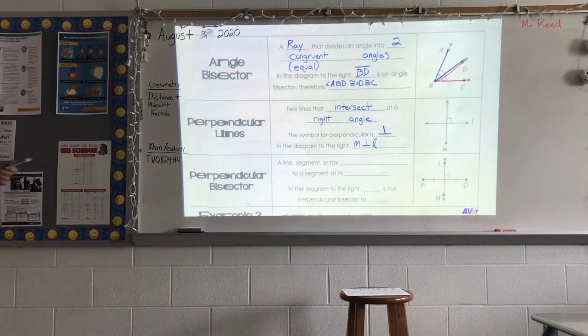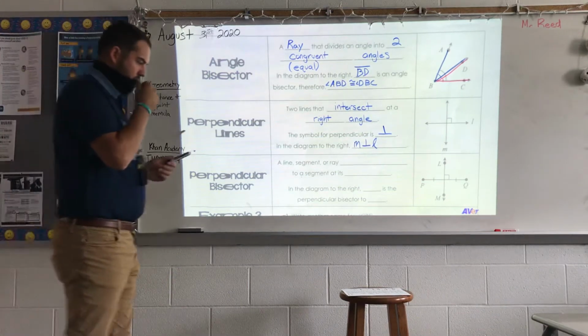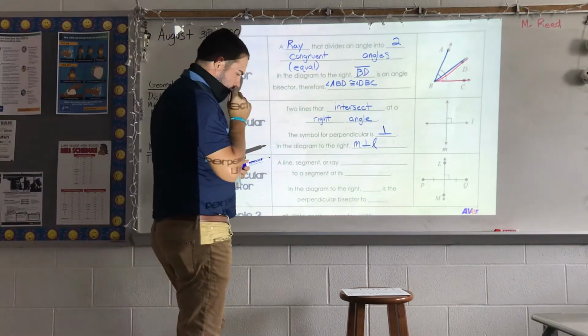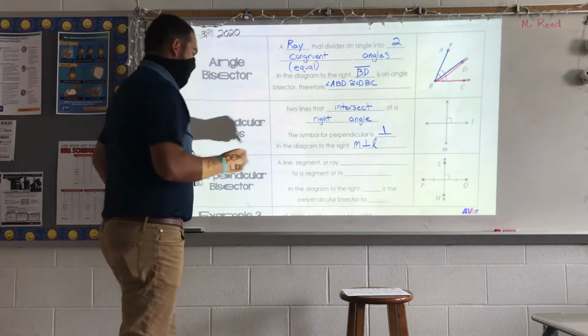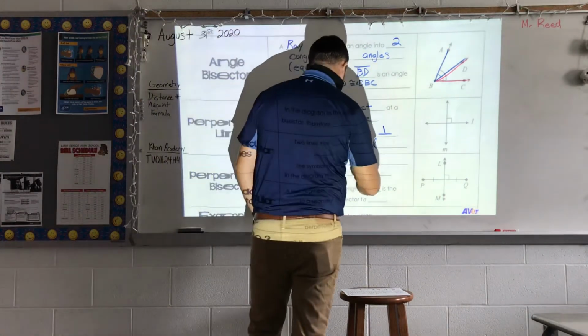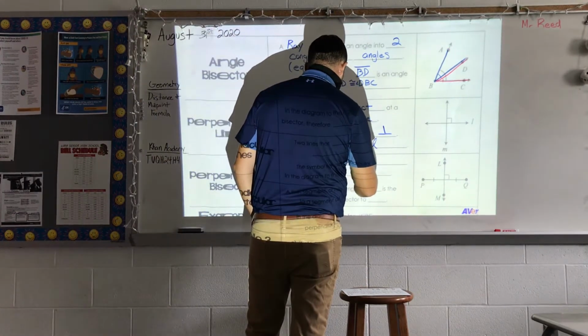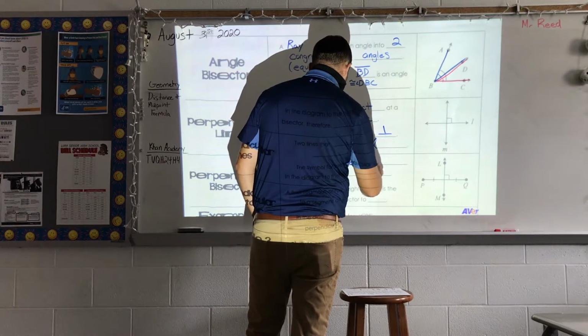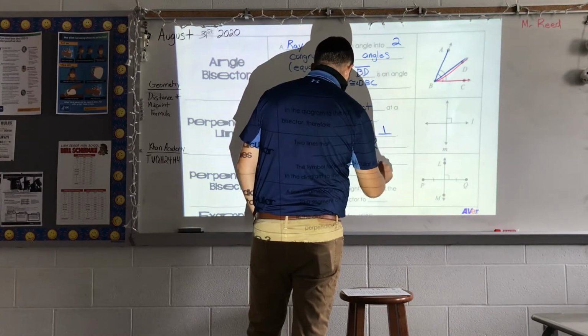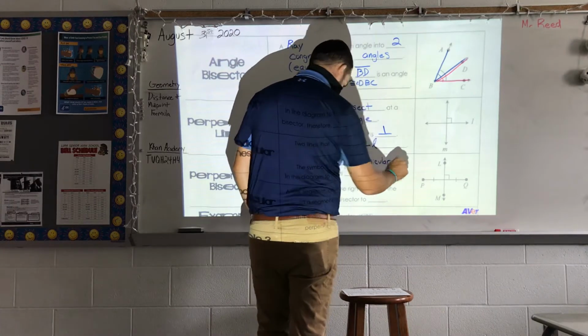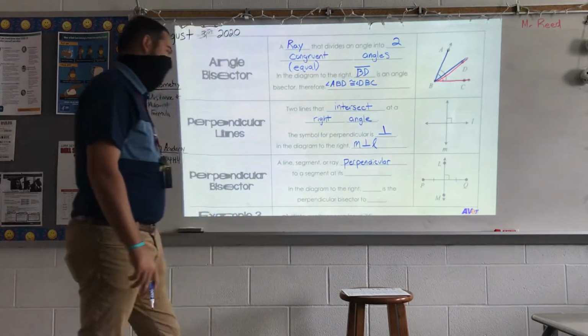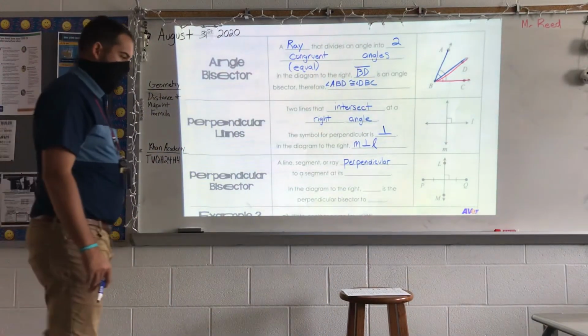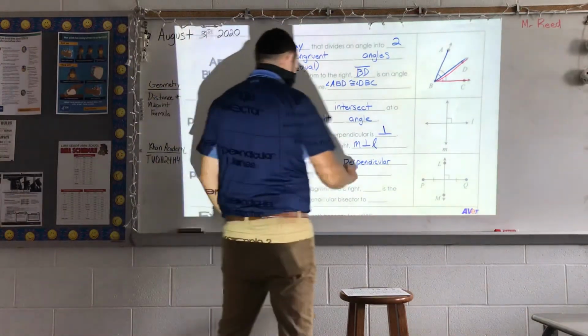Now, perpendicular bisector is a little bit different. A line segment or a ray perpendicular to a segment at its midpoint.